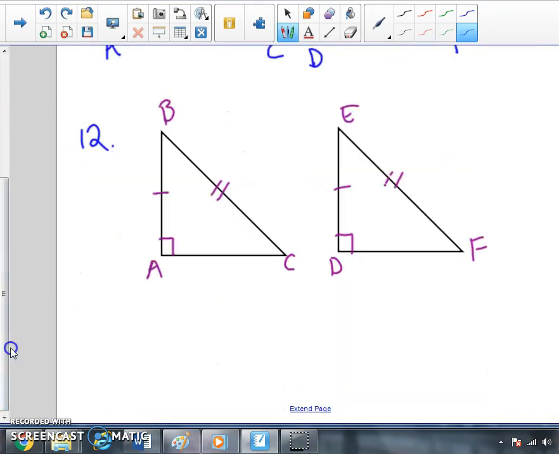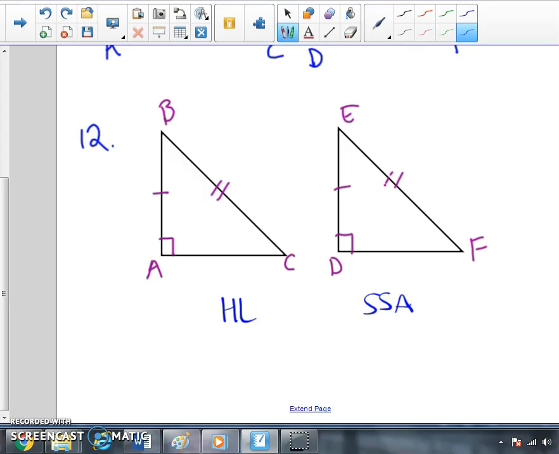And moving to 12, in 12 they were asking us, can we add HL, hypotenuse leg, to our list? And if we look at these 2, we do notice that they are marked so that we have angle, side, angle in each of them. So side angle.